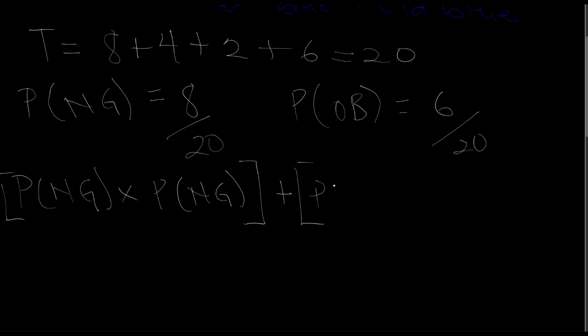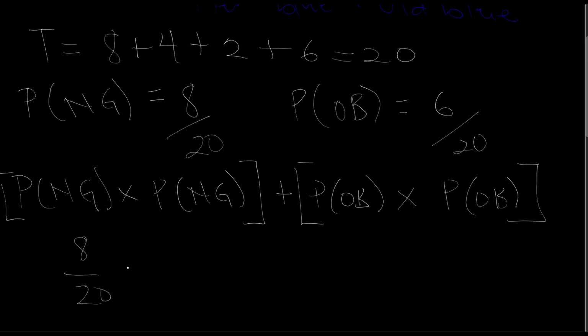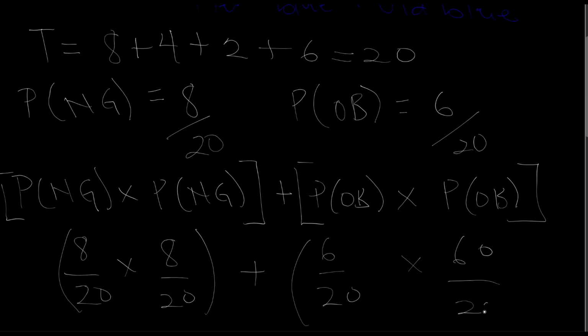The probability of selecting an old blue ball for the first selection and the probability of selecting an old blue ball again for the second selection. So we should have 8 over 20 times 8 over 20 plus 6 over 20 times 6 over 20.